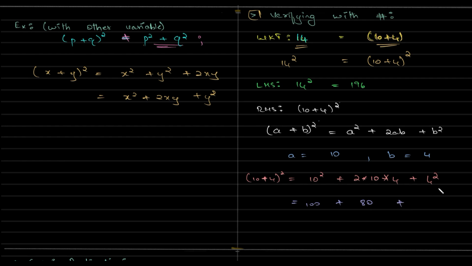Correct? 80. 16. Now, the sum of this, we can see that LHS is equal to RHS, and thus it's verified. Hence verified. Is it not? So you approach math in any direction. If you're doing it right, you will get the answer.